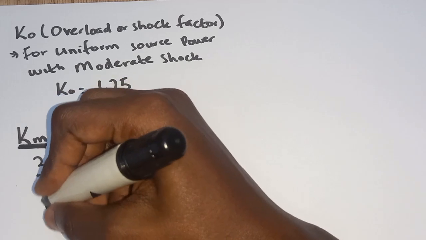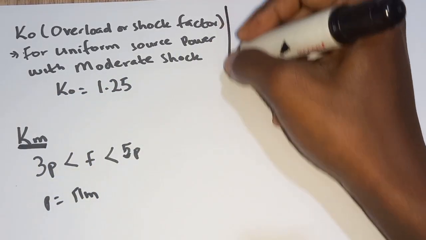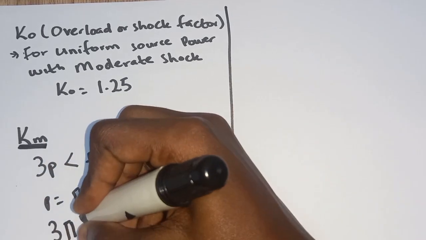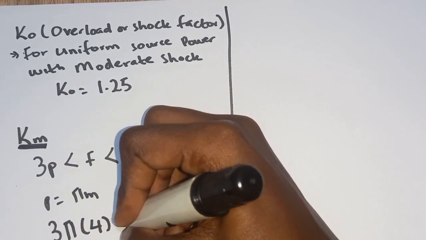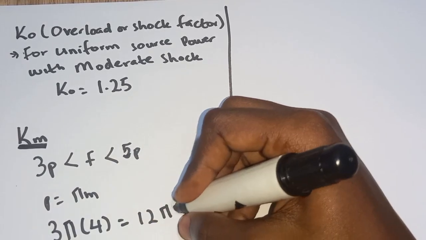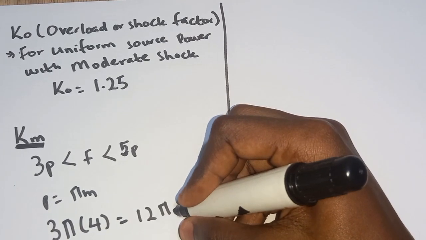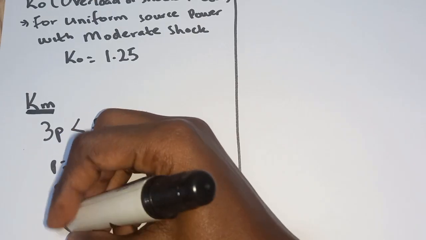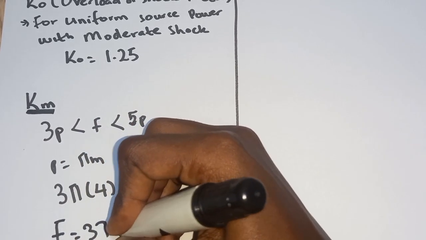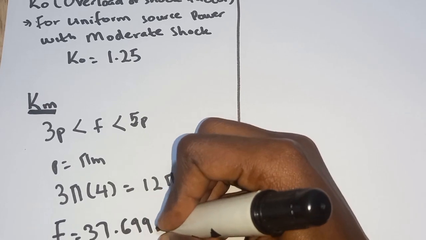And p here is equal to pi m. So 3 times pi m, that's 4, is equal to 4 pi. And all this is in what? Millimeters. Punch on our calculators, you have the face width to be 37.699 millimeters.